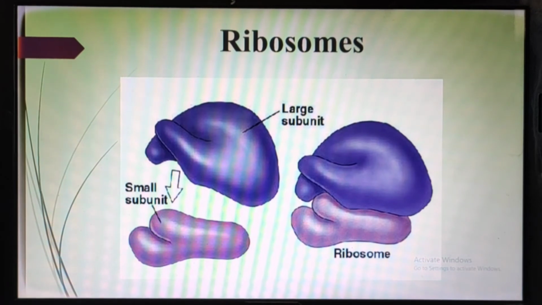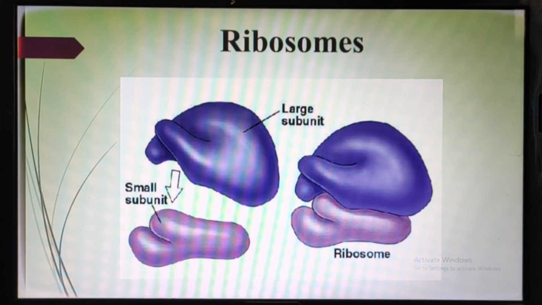And these ribosomes are made up of ribosomal RNA and protein. These ribosomes don't have any covering, like a double membrane, single membrane, outer membrane or inner membrane; they don't have particular membranes around them.